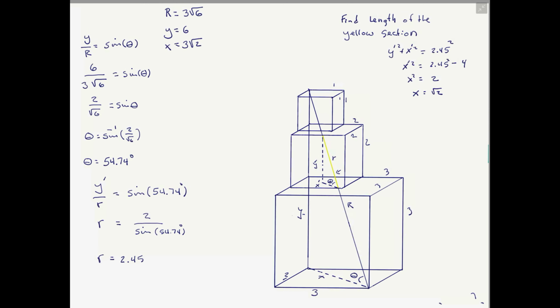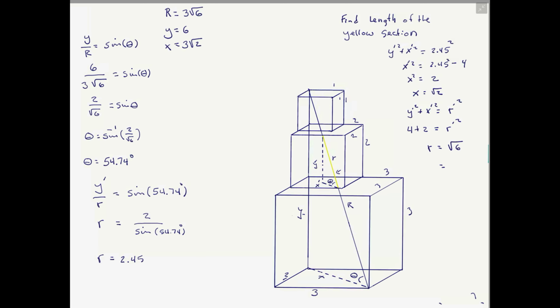Or 2, I'm sorry. What am I doing? Let's go back here. All right. So we got 2.45 squared minus 4 is 2. So we have 2, and x is square root of 2.